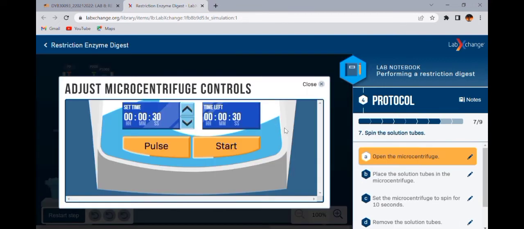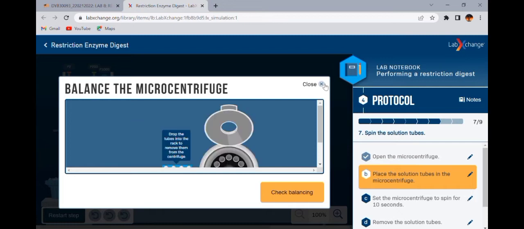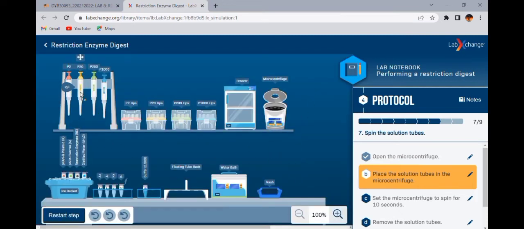Next step, open the microcentrifuge and place the solution tubes in the microcentrifuge.